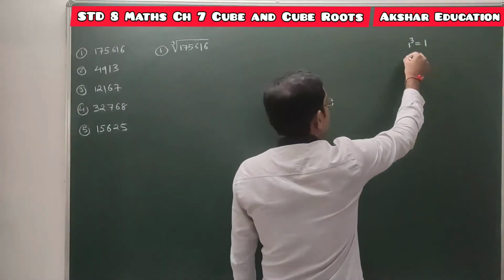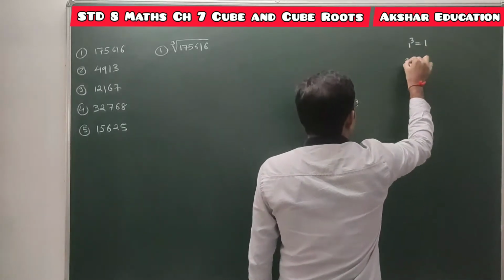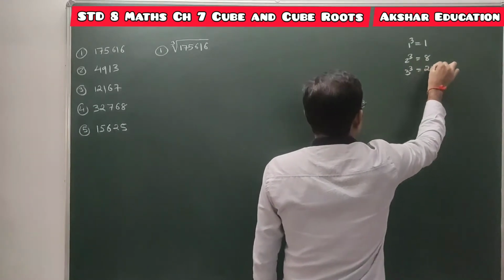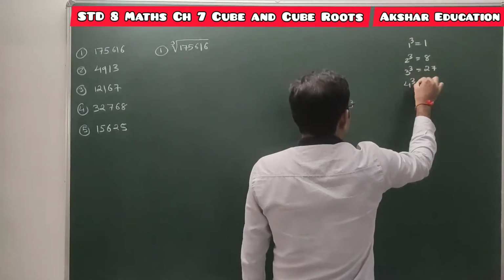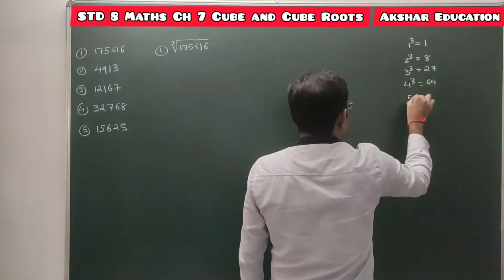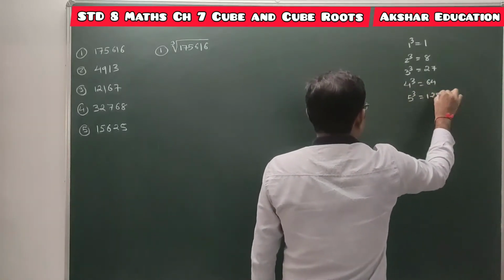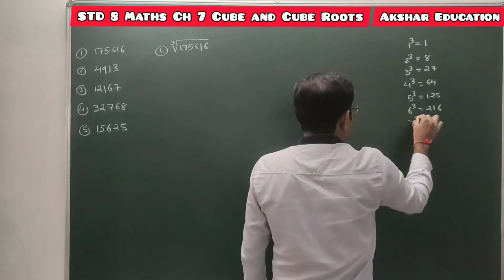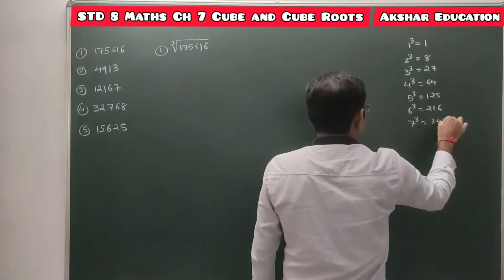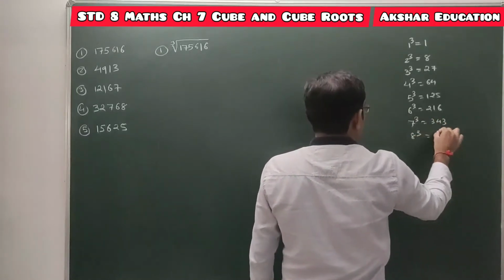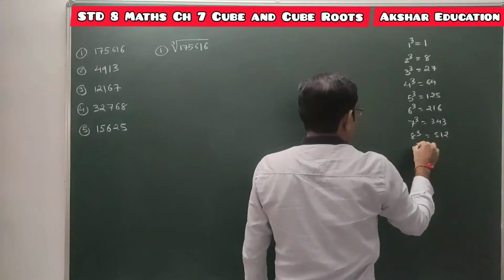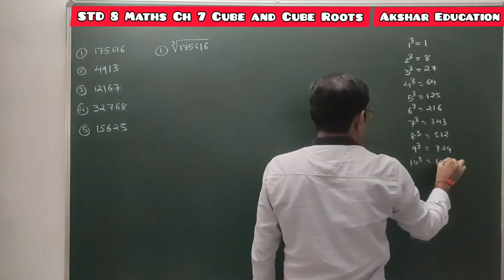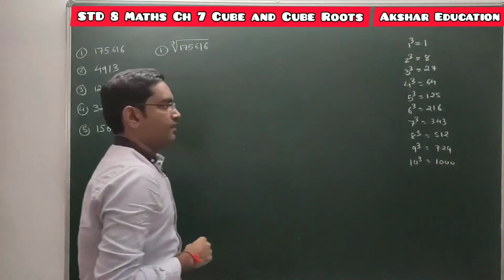Let me write over here. 1 cube is 1, 2 cube is 8, 3 cube value is 27, 4 cube value is 64, 5 cube value is 125, 6 cube value is 216, 7 cube value is 343, 8 cube value is 512, 9 cube value is 729 and 10 cube value is 1000. ये आपको याद कर लेनी है, ठीक है.